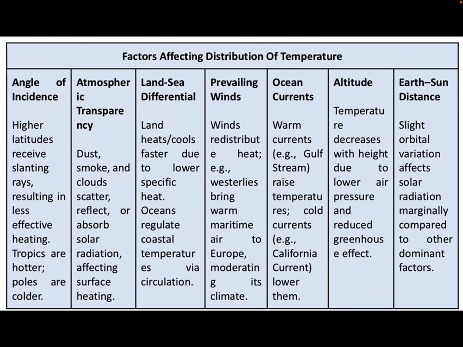If the ozone level increases at the stratospheric level, it is good for us because stratospheric ozone is considered good ozone, which protects us from the UV rays of the sun. But ozone at the tropospheric level is considered a greenhouse gas and is bad for us. That's why it is called bad ozone.